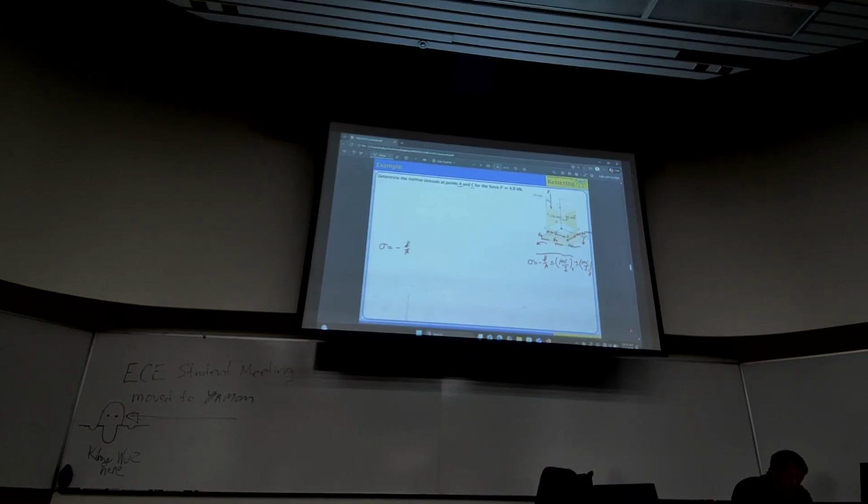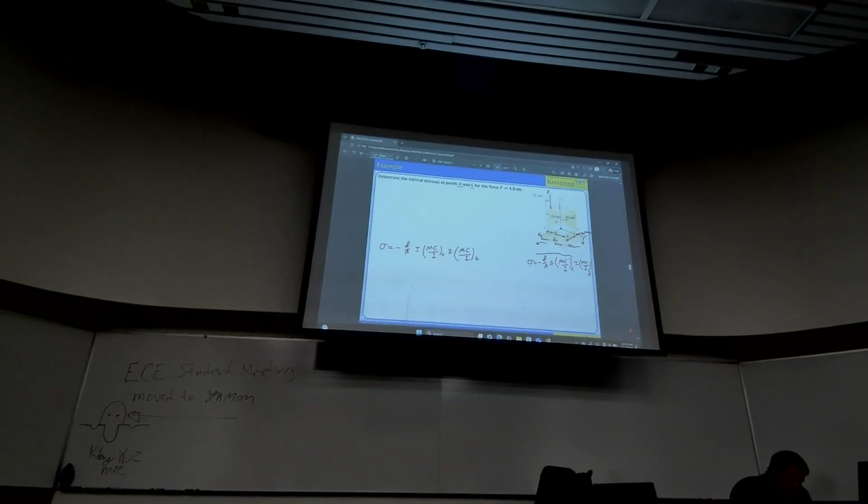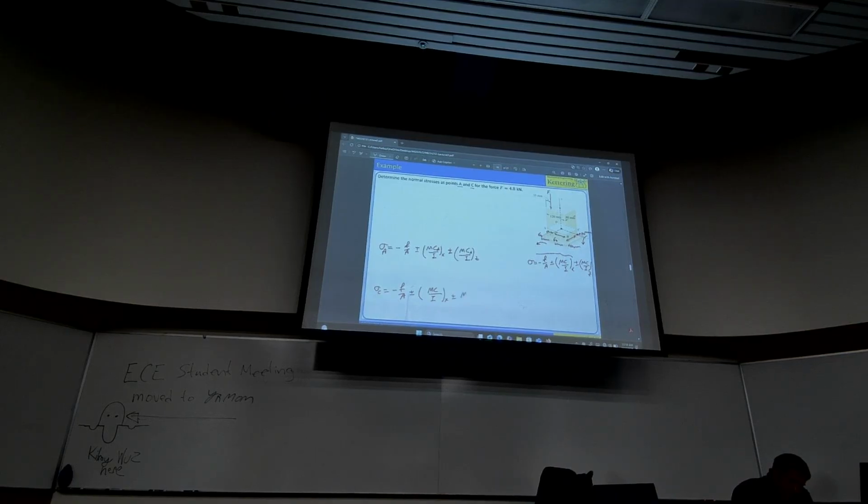Repeat this for A and C. This is sigma A, this is sigma A, and sigma C. Again, C values get the same subscript as sigma.